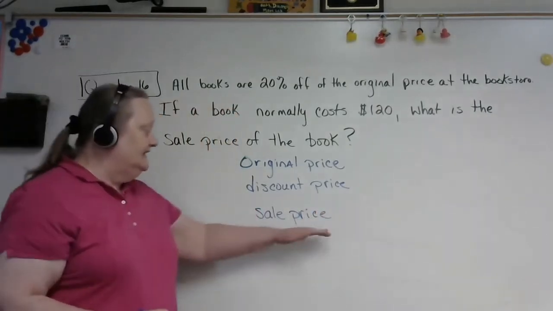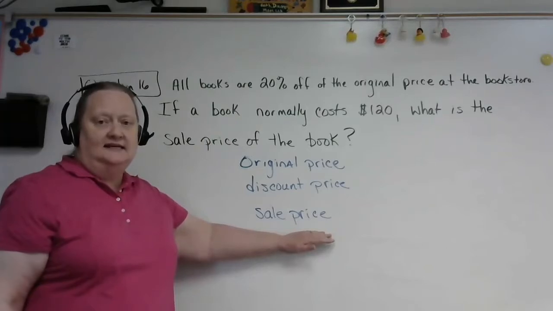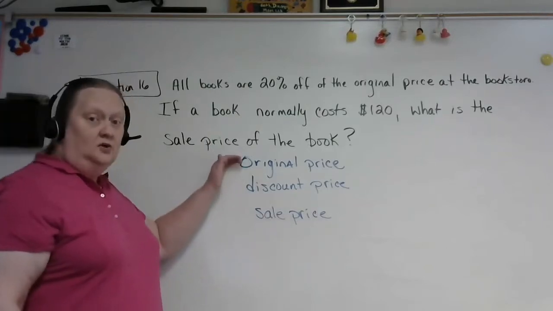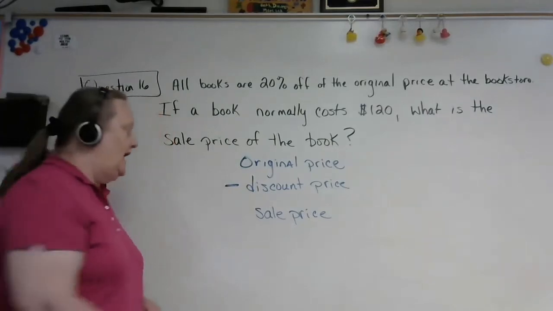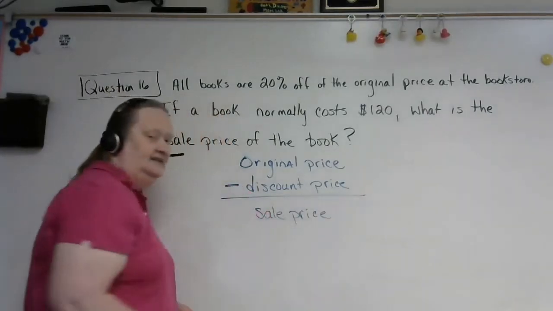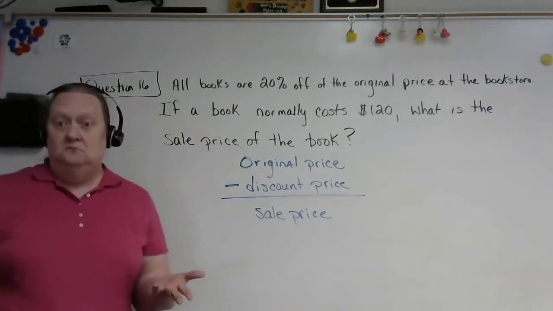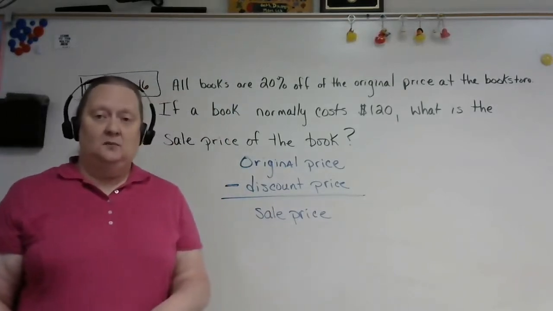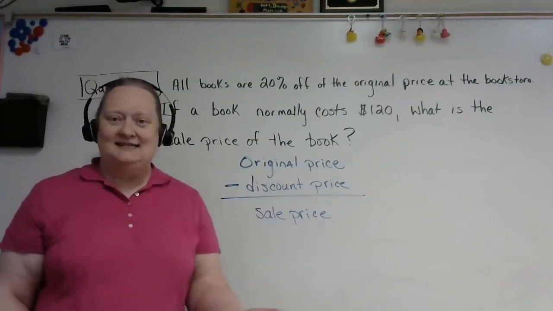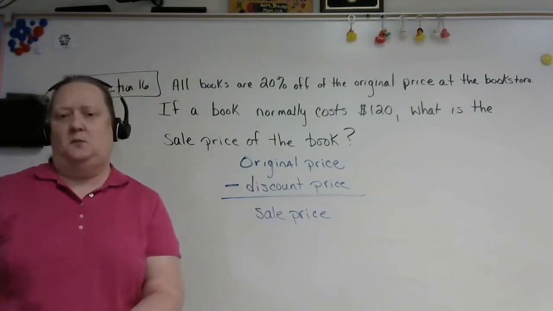And how are they going to determine what this sale price is? Well, they're going to take that original price, subtract that discount price, and that will give us the sale price. No big deal. If the sale price is $10 off, I subtract $10 from the original price, and that gives me the sale price.